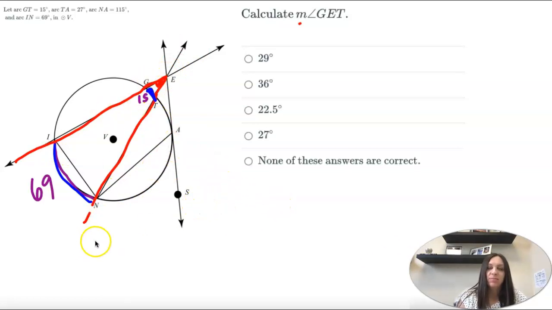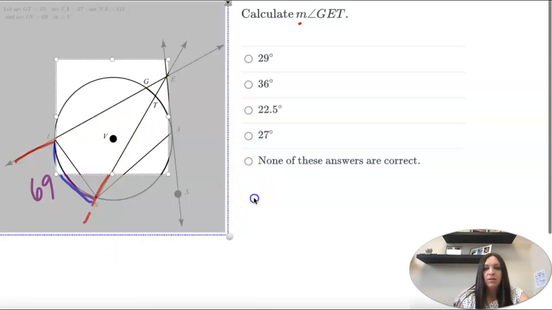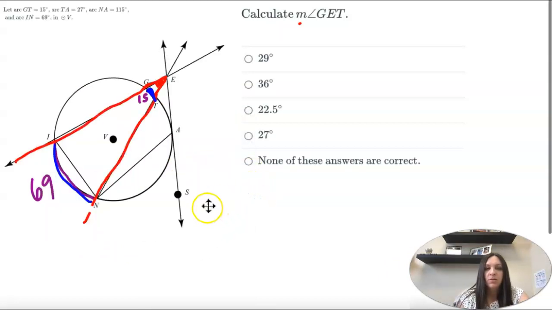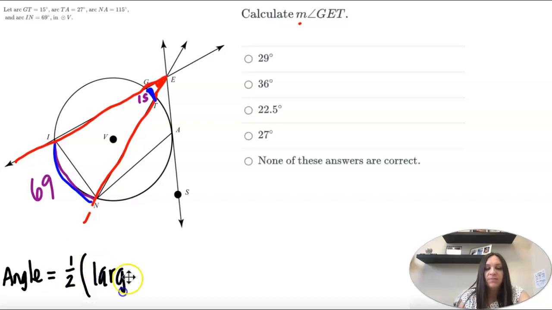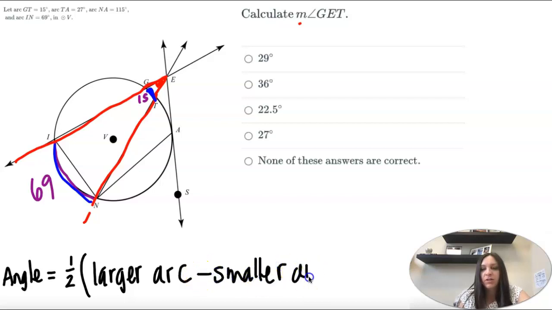So this theorem is, we have an angle. I'm trying to see where I have room to write it. Sorry, I keep moving around. So the angle on the outside of the triangle that's made by two secant lines, the theorem is you take half and then you take the larger arc that's made, so that's the 69 degrees, and you subtract the smaller arc that's made. That's the 15.